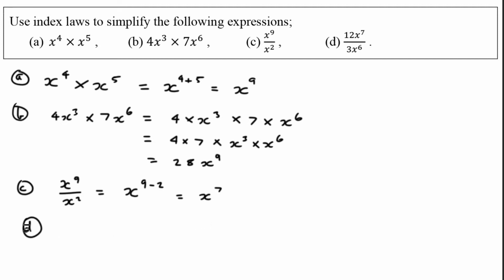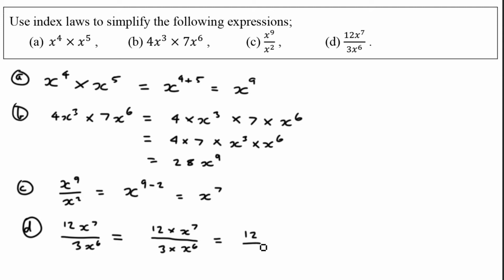In part D, we have 12 x to the 7 divided by 3 x to the 6. We must again realize that 12x to the 7 means 12 lots of x to the 7. The power 7 is only connected to the x, not to the 12. Similarly, 3x to the 6 means 3 lots of x to the 6. So we can split this into two fractions.